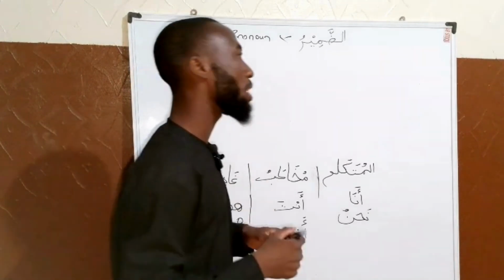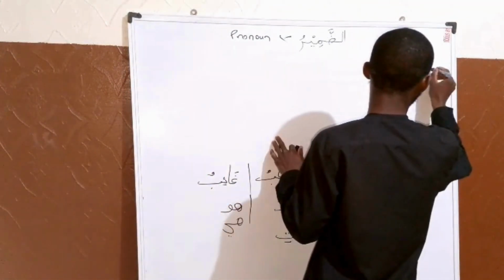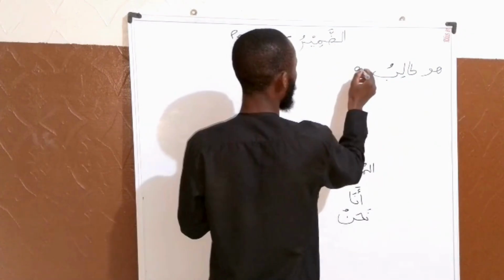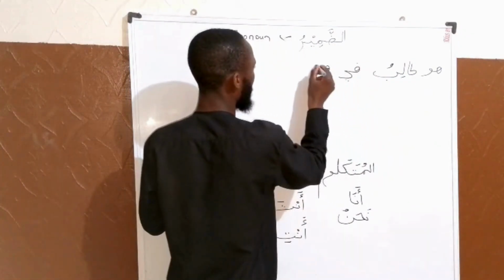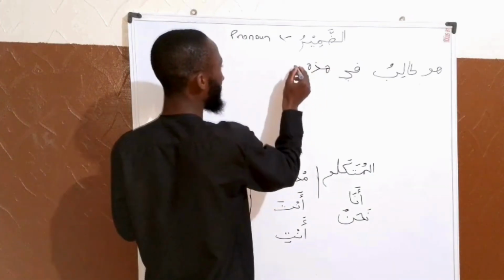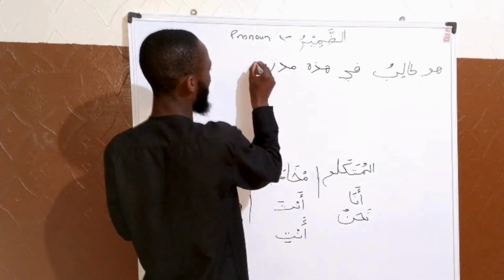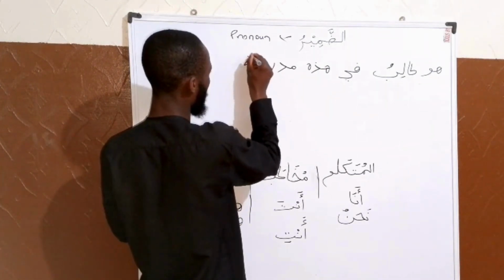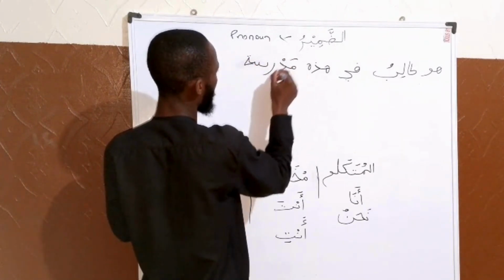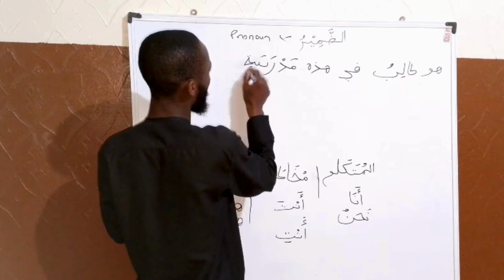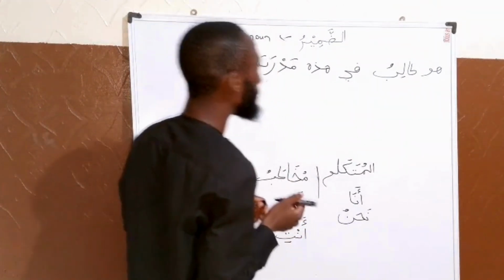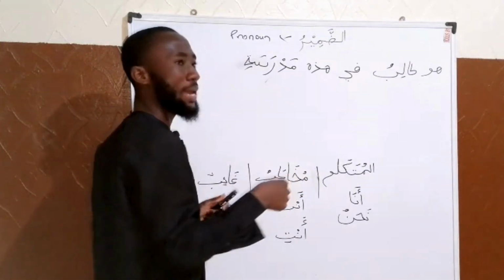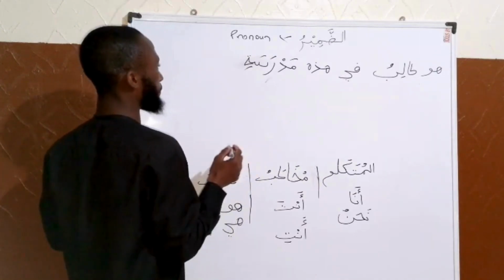You say huwa talib في هذه مدرسة. هو طالب في هذه مدرسة. Is a student in this school.